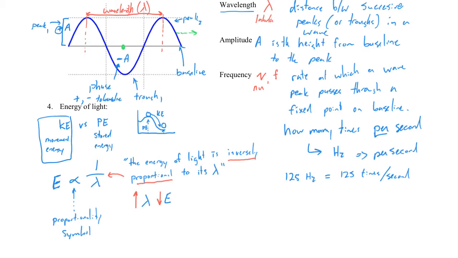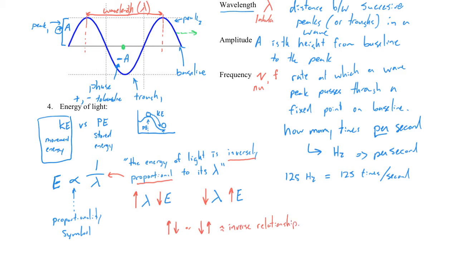So for instance, if I put a large number for the wavelength, so the wavelength has increased, we divide 1 by a large number, and that gives us a small number for E. Conversely, if I decrease the wavelength, the energy goes up. So if I increase the wavelength, the energy goes down, and if I decrease the wavelength, the energy goes up. This is known as the inverse relationship between the energy of light and its wavelength.